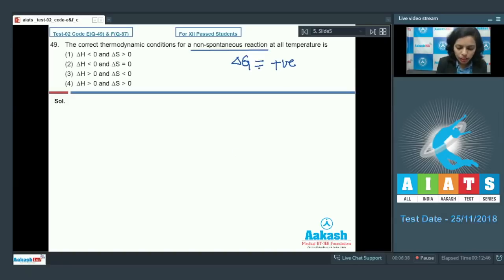So here we have to find out the case in which this delta G value becomes positive, and we know that this delta G is equal to delta H minus T delta S. So we have to find out that condition for which this delta G value is positive at all temperatures.